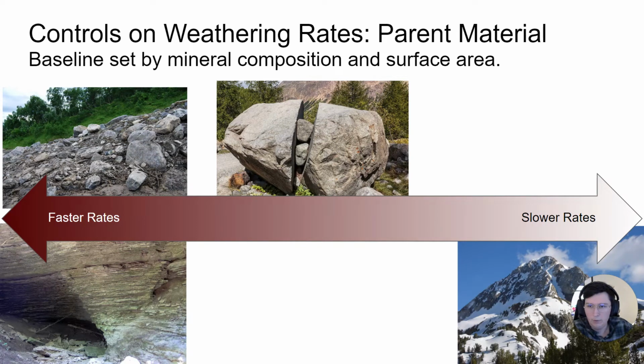So the parent material is one of the primary controls of weathering, and it sets the baseline because of the mineral composition. In our solubility lecture, we discussed that certain things are more soluble than others, and more soluble things are more easily weathered, especially chemically.